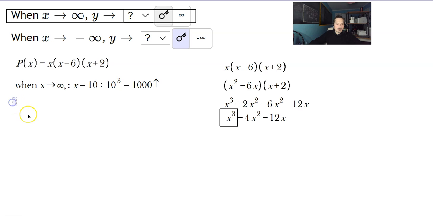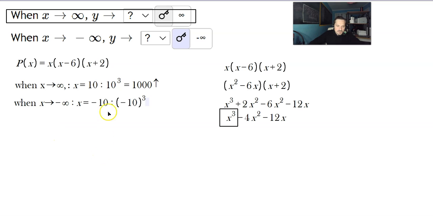Now look at the next one. When x goes towards negative infinity, grab a sample value like x equals negative 10. So you're going to the left, grab a sample value like negative 10, so you have something concrete to work with. That gives you negative 10 raised to the third.